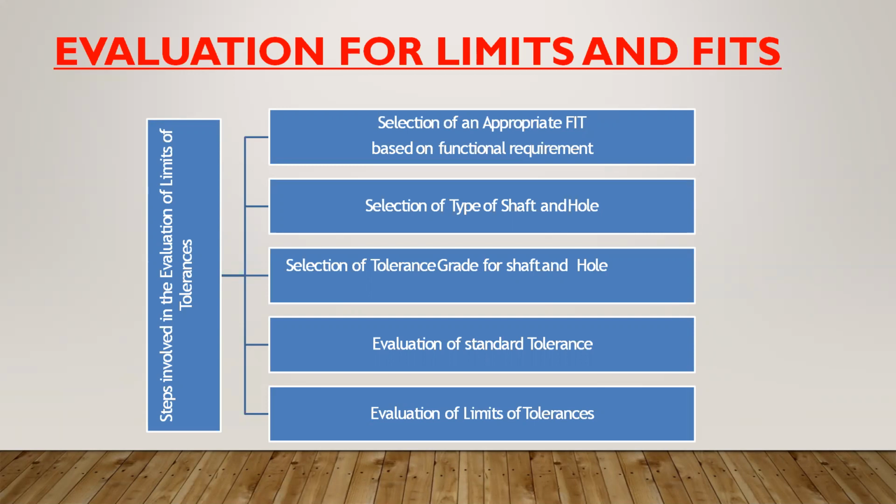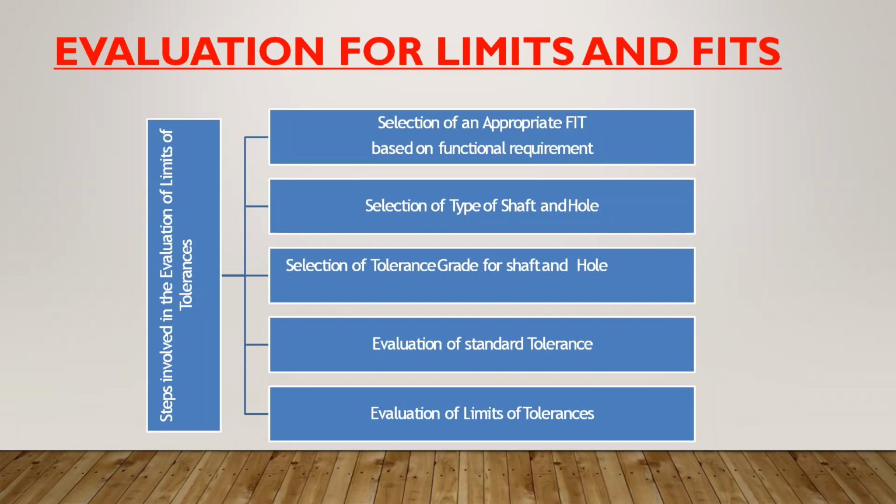Second one is the selection of the type of shaft and hole. So what are the types of shaft and types of holes? The selection of the type of shaft and type of hole depends upon the types of fits only. So what are the deviations in the fits, and what are the upper limit and the lower limit of the fits?